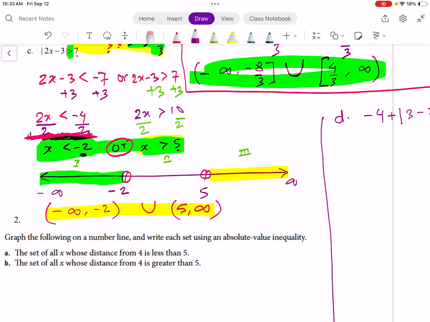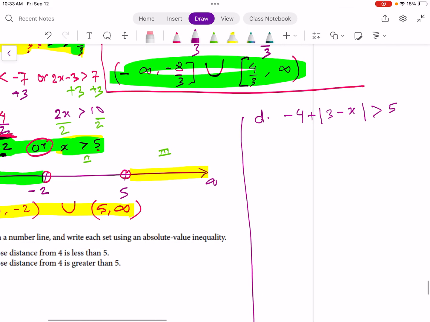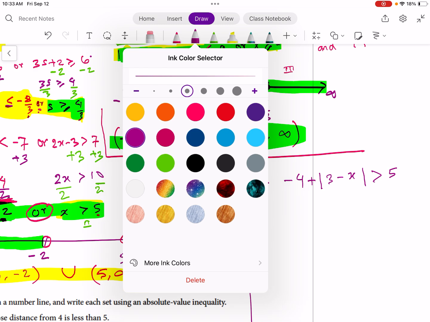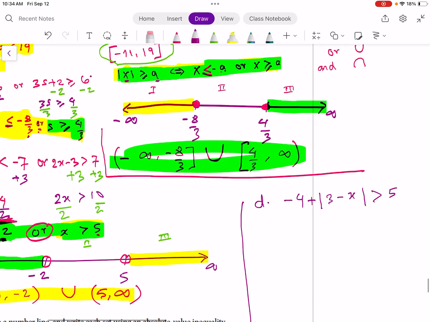Now here, can we start by using the definition for part D? If we go back to our definition, we use it if we have absolute value of some expression greater than or less than or equal to a positive number. But in our case we have a -4.